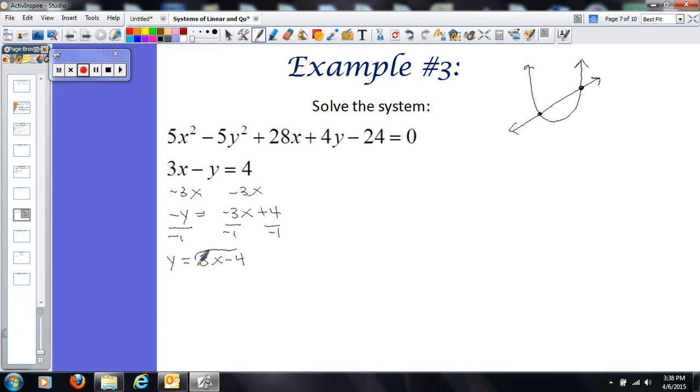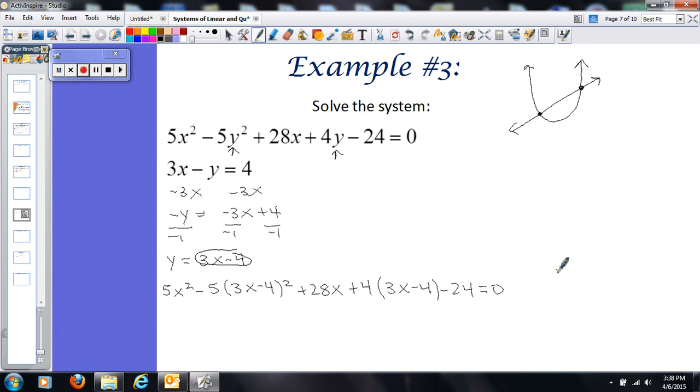I'm now going to take this and substitute it in here and here. So you're going to have 5x squared minus 5 times (3x minus 4) squared plus 28x plus 4 times (3x minus 4) minus 24 equals 0.